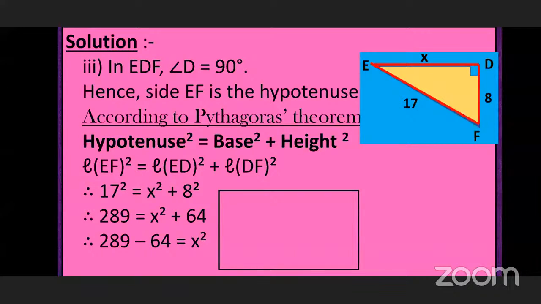Yes, minus, because 64 is changing its place. Earlier it was at the right hand side. Now it has come to the left hand side. And x square is at its own place. So therefore 225 equals x square. Can anyone tell me by multiplying which number two times we get 225? What is the root of 225?